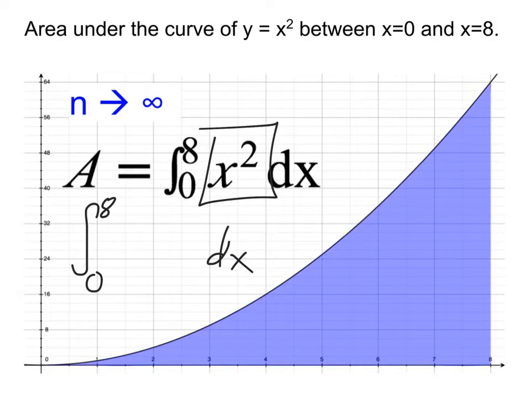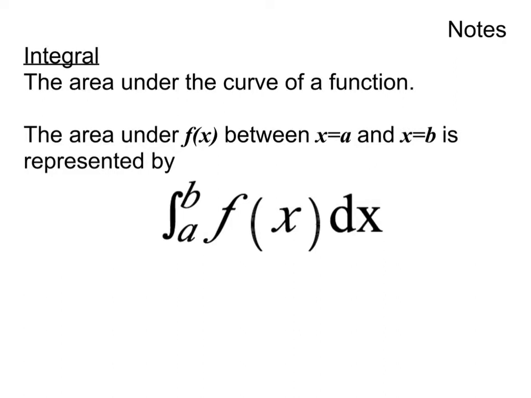Generically we'll call this f of x, but in this case it just happened to be x squared, or whatever our function is. We plug that in there. This formula, this notation, is called an integral. Integral is the formal name given to the area under the curve between the values a and b.